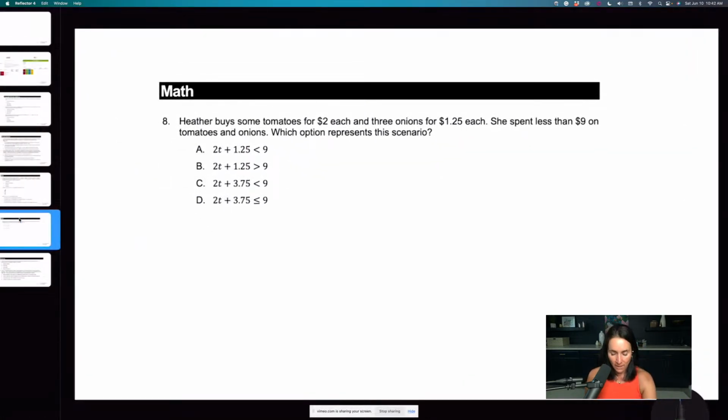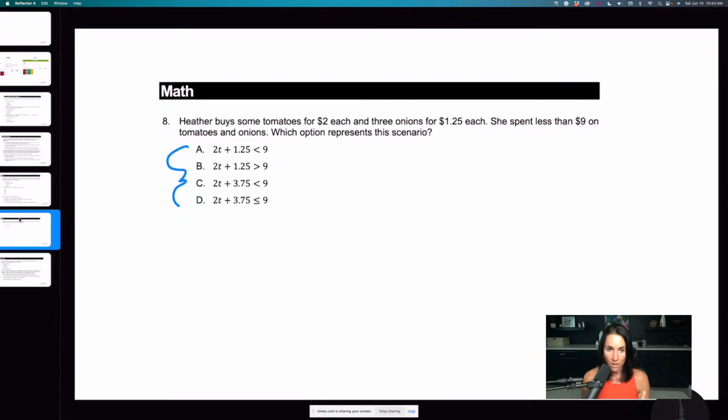So right away with math, I go to the answer choices first too, because it tells me something. It helps me to narrow down. So I can see from the answer choices that I'm not looking for an actual solving of the problem. I'm looking for an equation that I have to apply to this word problem. And the other thing I want to pay attention to are the signs.